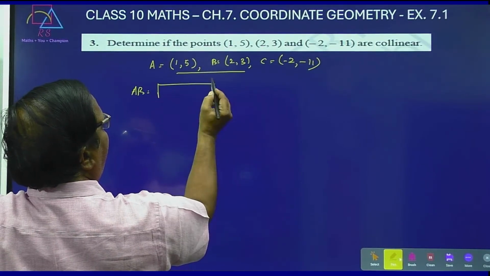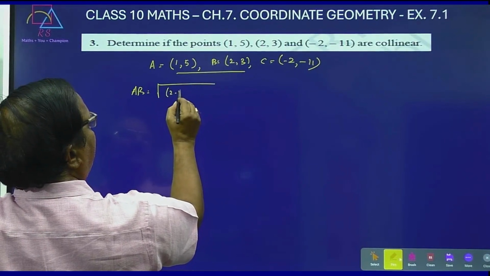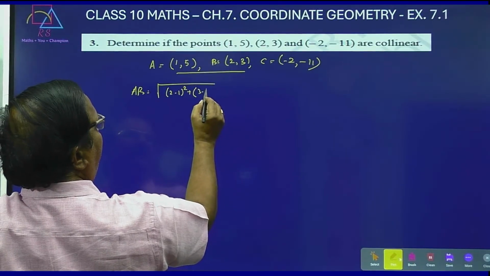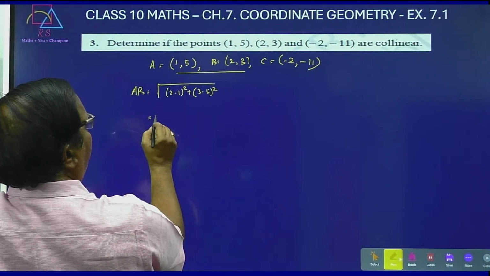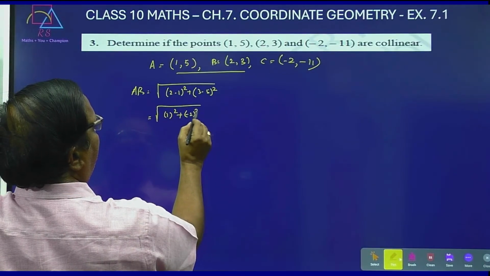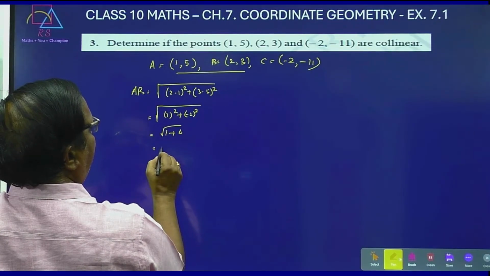I will write directly the answer. x2 minus x1, (2 - 1) whole square, y2 minus y1, (3 - 5) whole square. So square root of 1 whole square plus (-2) whole square, 1 plus 4 is equal to 5.